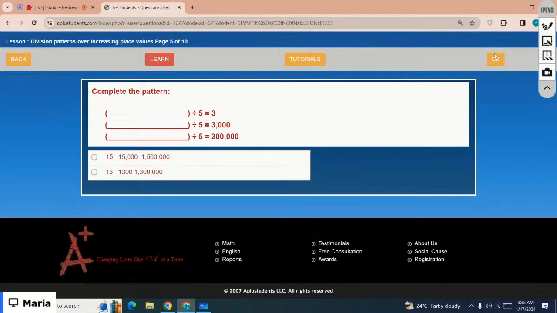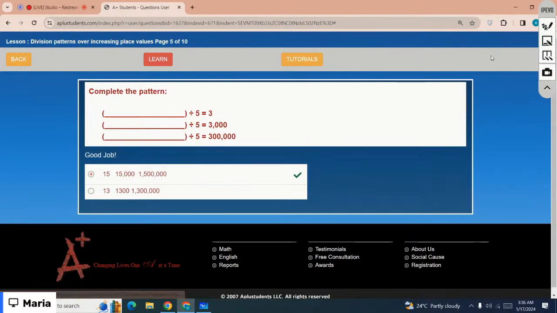So which is the correct option? Yes, that is 15 divided by 5 equals 3. Option number 1 is the correct option.